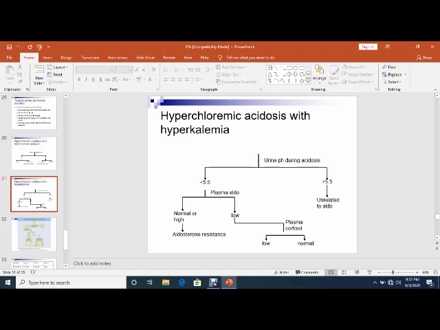If urinary pH during acidosis is less than 5.5, we should check plasma aldosterone. If it is normal or high, that indicates aldosterone resistance. If it is low, we should check plasma cortisol, either low or normal. But if the pH is more than 5.5, that is not related to aldosterone.